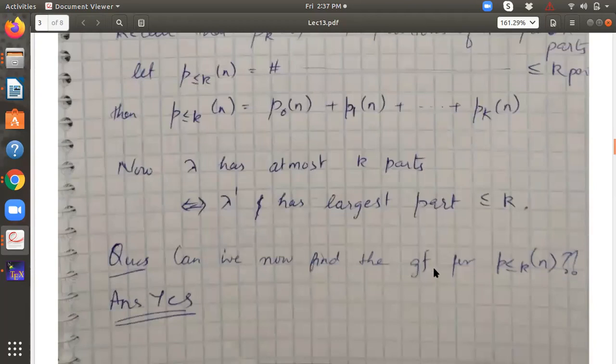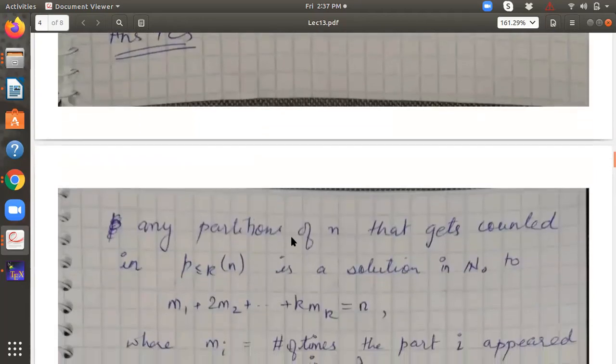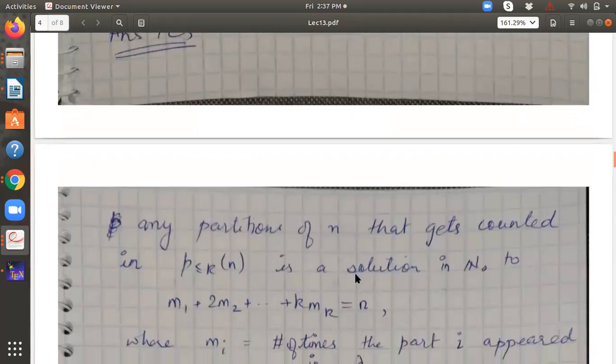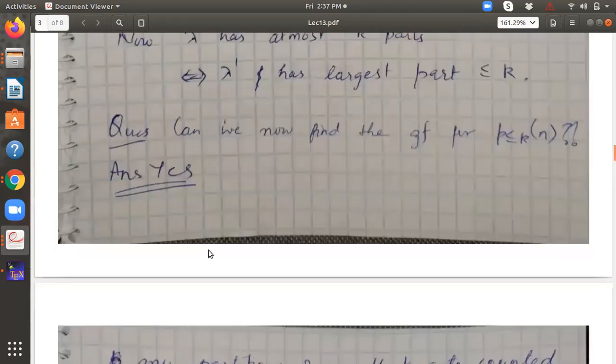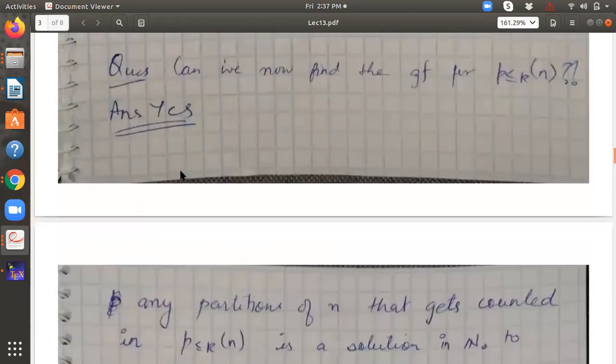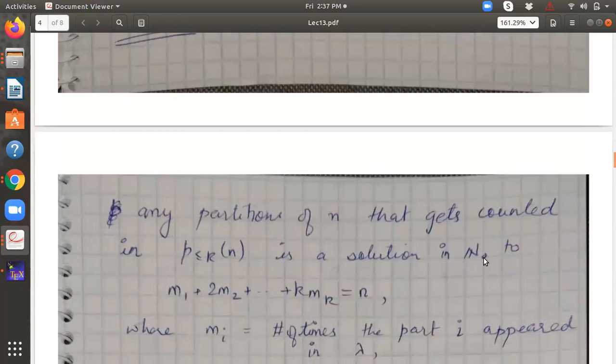So can we find the generating function for p less than equal to k of n? Yes, and the way of doing it is this. So what it really does is that if you take any partition of n that gets counted in this particular number, it's actually a solution in the non-negative integers to the following equation: m1 plus 2m2 plus so on till k mk equals n, right? Where mi is actually the number of times the ith part is appearing in your lambda.